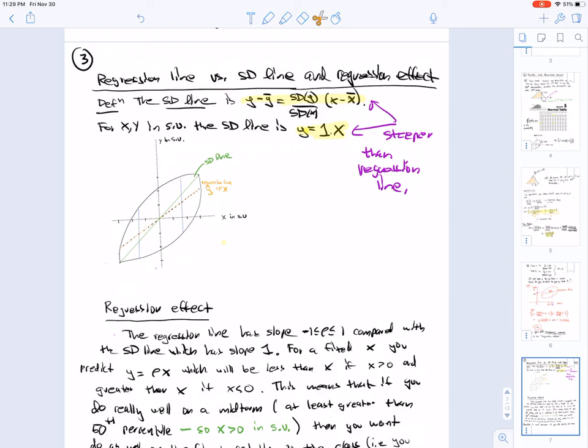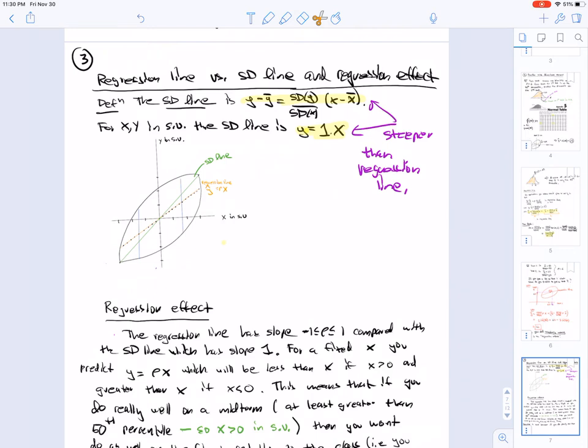Okay, so the regression effect basically says that although for a given x value you expect to go up to the SD line, in fact you only go up to the regression line. But there is a silver lining to this. If you are below the median, so you're on the other side of the y-axis here, so that means that you're below 50 percentile.